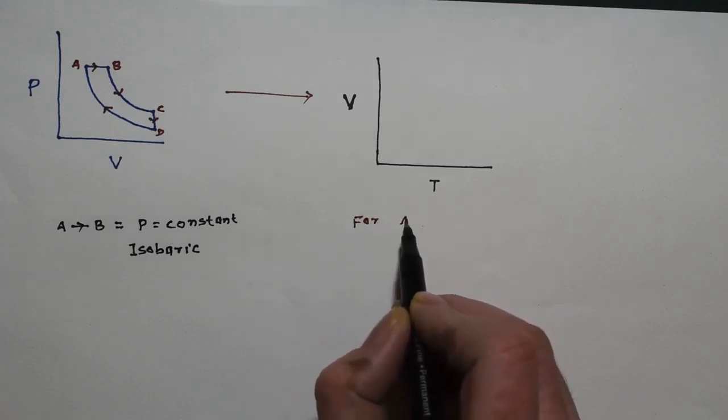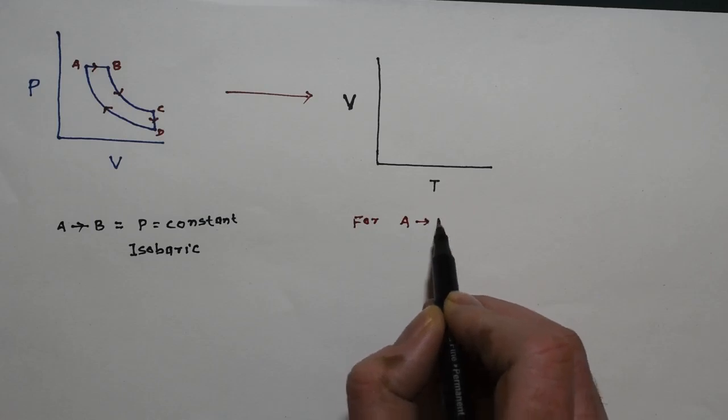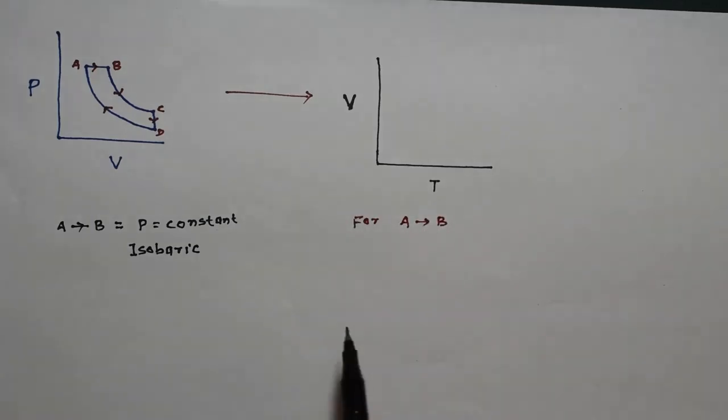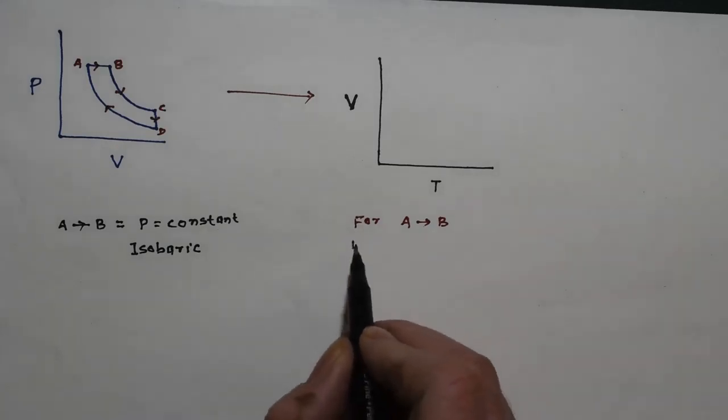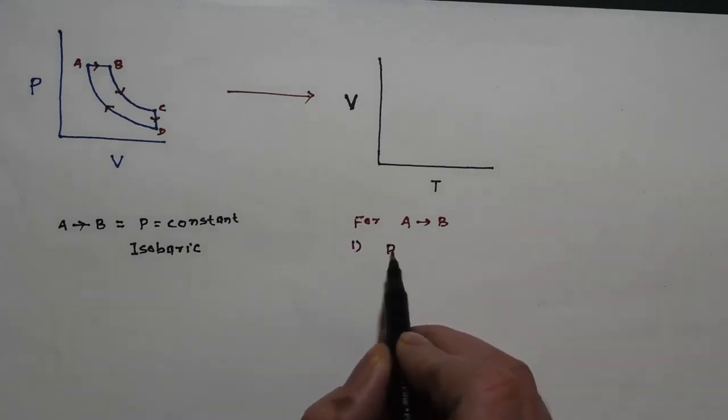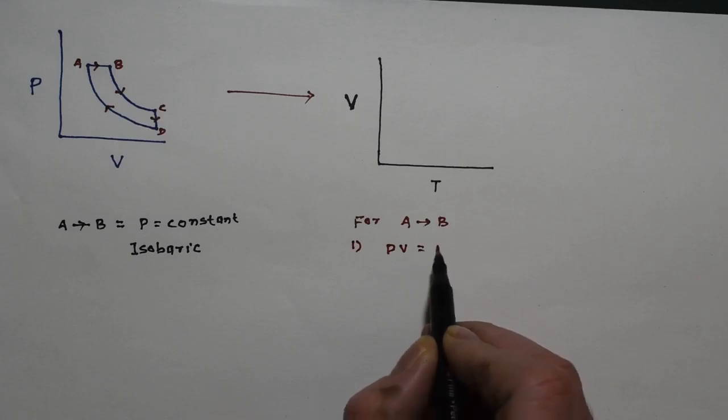Now for the process A to B, how can you convert this into volume versus temperature? We know an ideal gas equation, PV equals nRT.